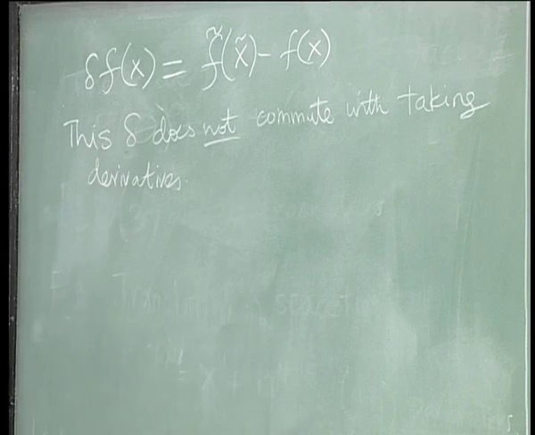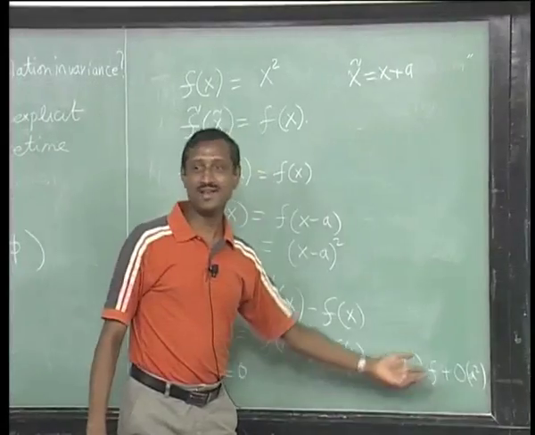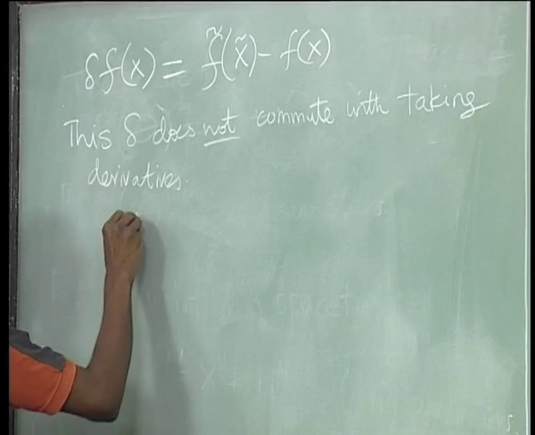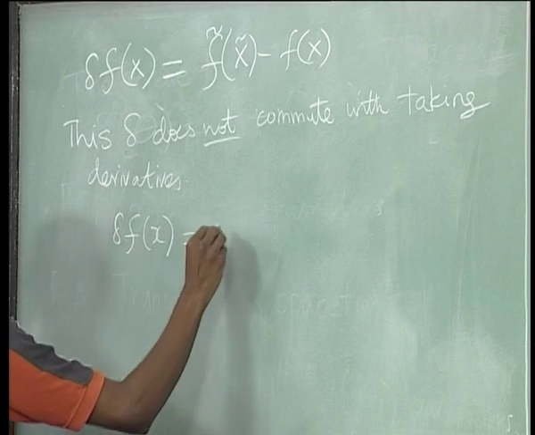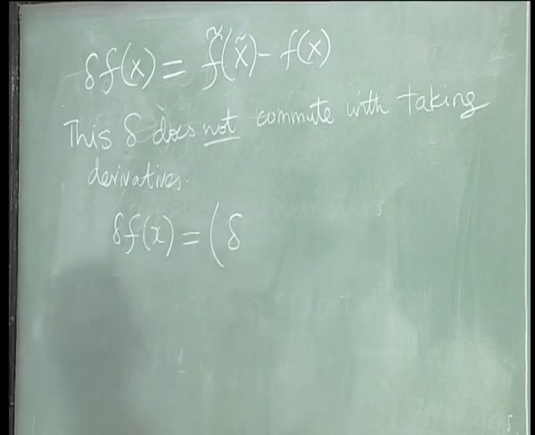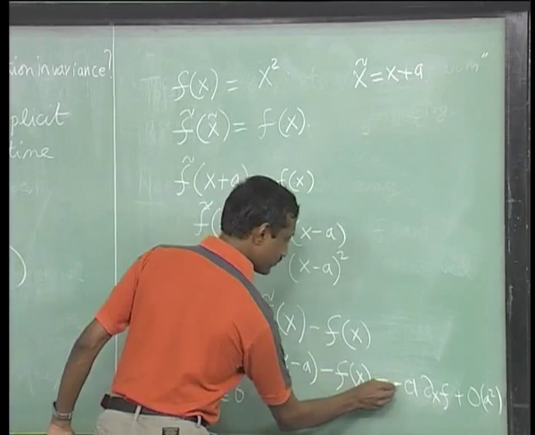Okay. But in this example we can even go back and, at least since we know things to first order in a, ask what delta should be. So, let us work that out. So, delta of f of x is equal to 0, but we can see that this can be written also as that, with a minus sign, right.